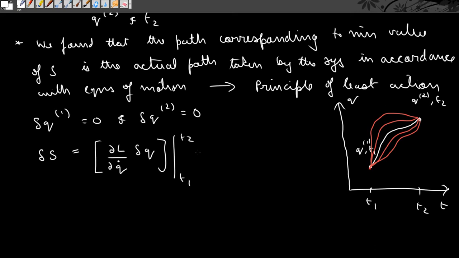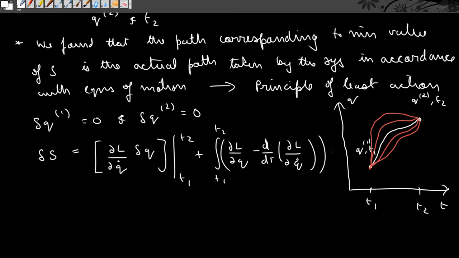This we got after integration by parts of the integral over the Lagrangian, plus integral t1 to t2 of dou L by dou q minus d by dt of dou L by dou q dot, times del q dt. This was our expression for variation of S, where this variation is basically the variation in these different paths.